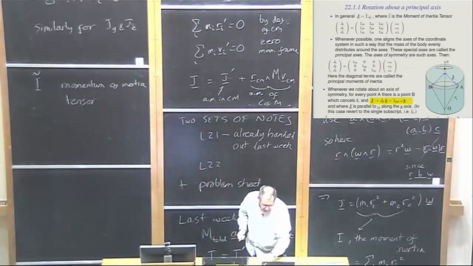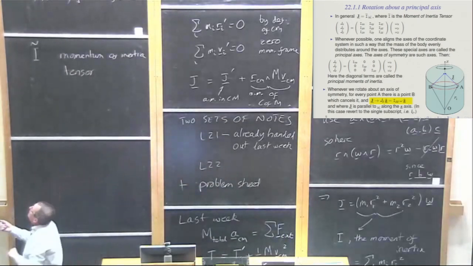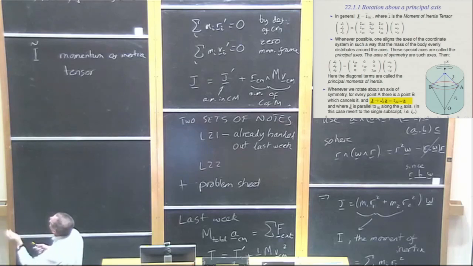So let's talk a little bit more. I've rewritten this moment of inertia tensor in these terms. Now a wonderful thing happens, because the form this matrix will take depends on your coordinate system, naturally, okay? So each element will have a particular value which is contingent on the coordinate system you are using.